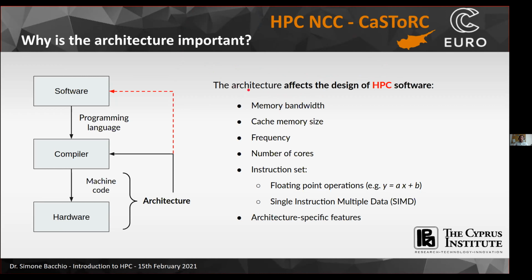We need to know what is the memory bandwidth of the system, so we need to have the best deal between how much data we can load and how much calculation we can do with it. Then we need to know the number of cores, how big the system is, and if it is optimized for some kind of operation, etc.